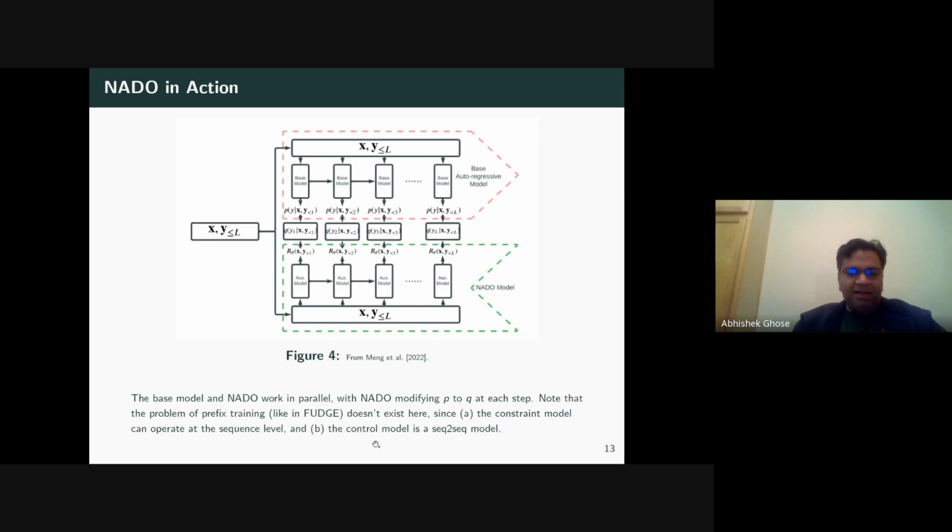The control model is a separate model, and that has the ugly task of figuring out what the optimal token level distribution is. So that entire problem of decomposing every string into all possible prefixes so that your constraint model can deal with it kind of disappears in NADO.